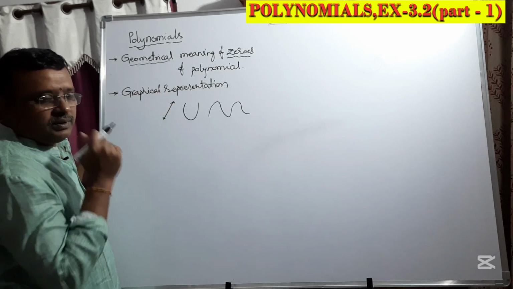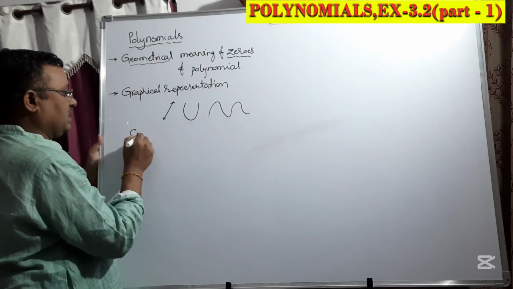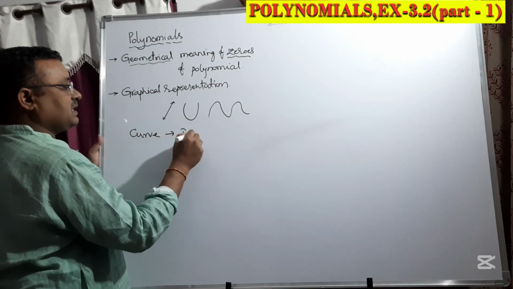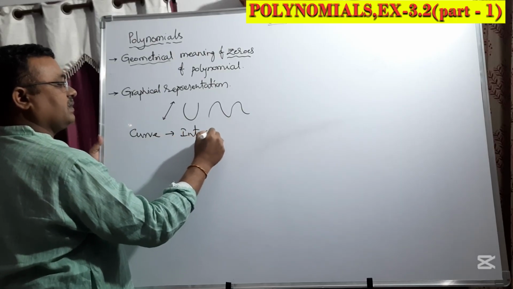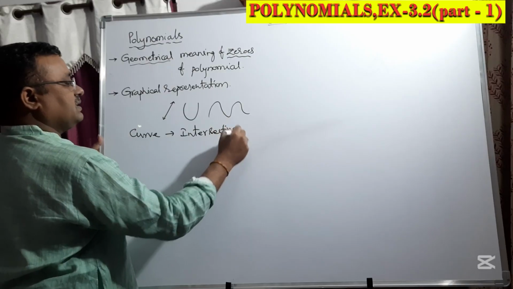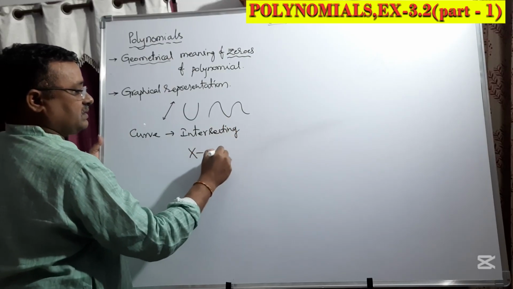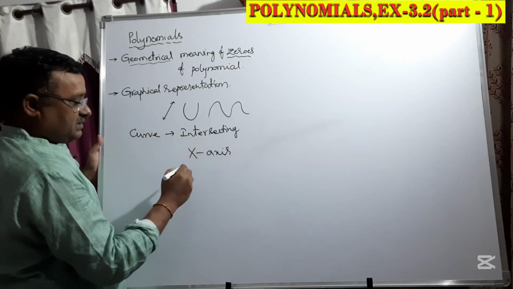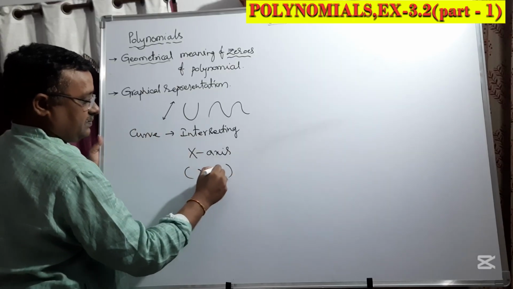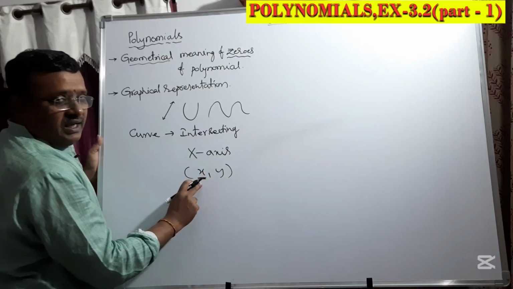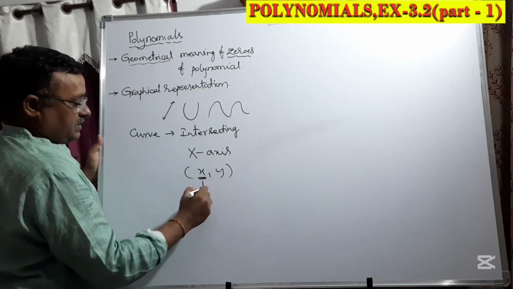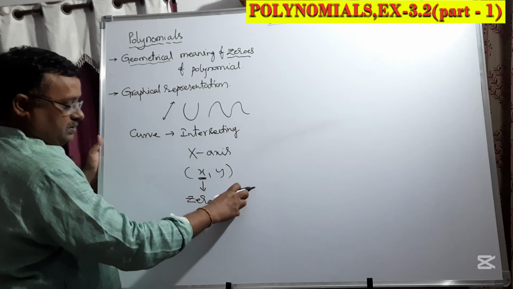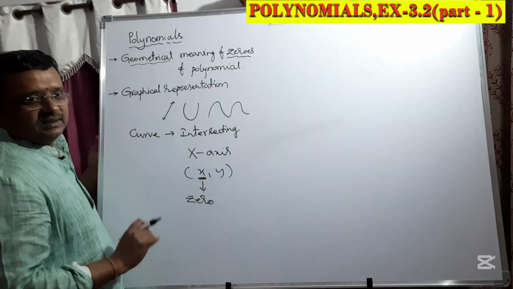That is the important point. When the curve, meaning the polynomial, is intersecting the x-axis, the x coordinate of that intersecting point is the zero of the polynomial. That's it.